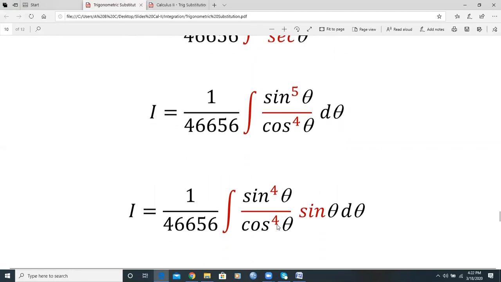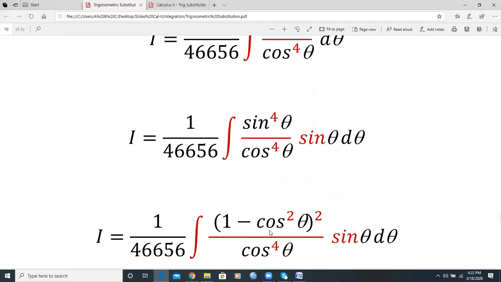And we know sine squared theta is 1 minus cosine squared theta. So I am converting sine to the power 4 theta in terms of cosine theta: it becomes 1 minus cosine squared theta, whole squared. In this way, I have converted sine to the power 4 theta into cosine functions.